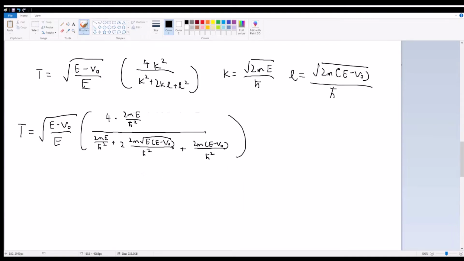Close this off. Everything has an h bar squared term. We can cancel that out. This is equal to the square root of E minus V naught over E, and then our new fraction.